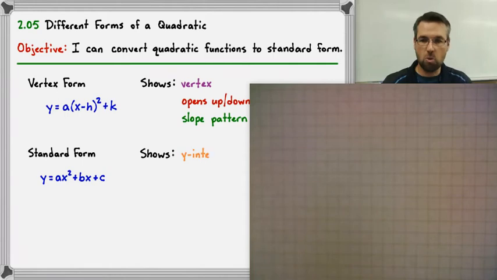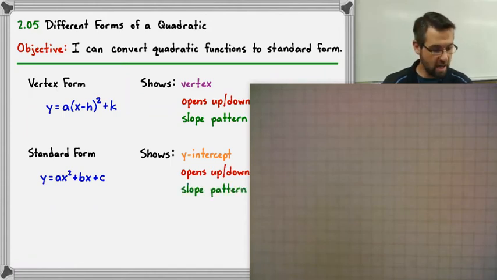Well, it shows our y-intercept. And it will also show whether the parabola opens up or opens down, and it will also show the slope pattern. Why is that? Because you can see that the a here is the same as the a here, okay? So this shows the opening up, opening down, slope pattern, same thing for this a value. They are the same value, okay?